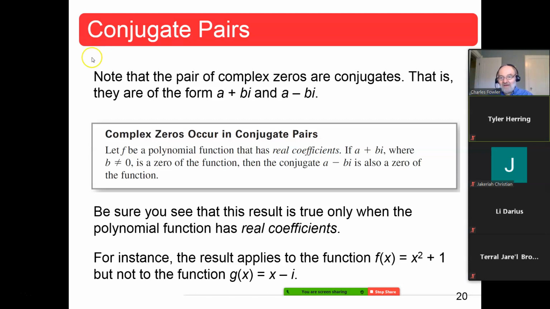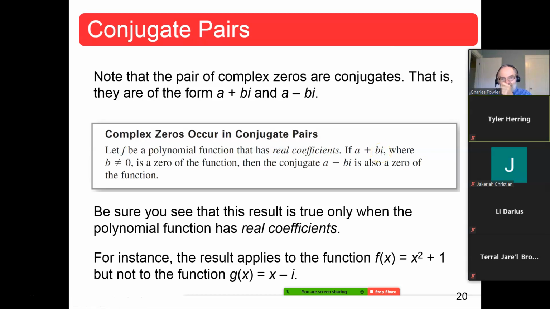Okay? So if f is a polynomial function with real coefficients, now if they have complex coefficients with i's in them, then this is out of there. You can't use this. But if they have real coefficients, but you wind up with a complex solution that has an imaginary component, then as long as that b is not 0, the other one will be its conjugate, because of your quadratic formula, plus or minus, because the i is going to come from that square root.